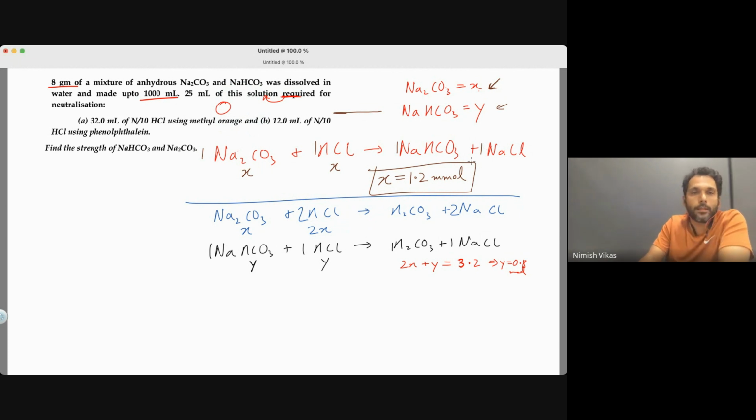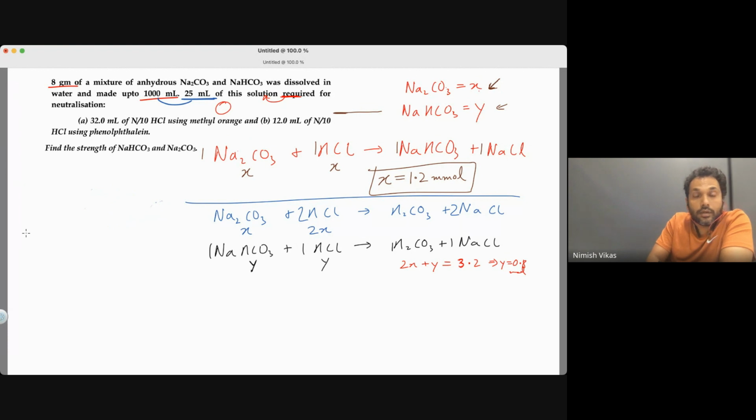Why have they given the 8 grams? Let us see. In 25 ml, it is so much, so in 1000 ml, it is 40 times so much. 25 has got X, so 1000 would have got X by 25 into 1000.